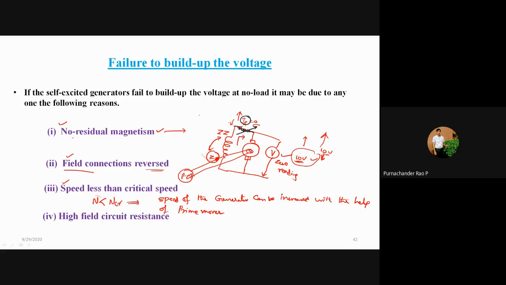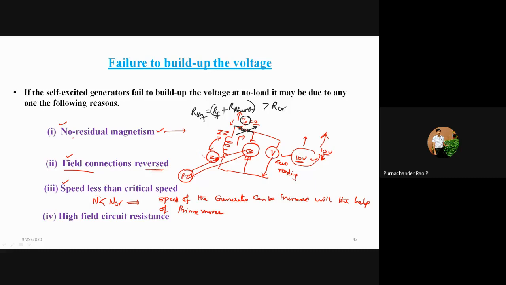So what is the R_SH now? R_SH is equal to your normal R_F plus R_ST total, the field rheostat resistance. Your field winding resistance is added, and if it is greater than your critical field resistance, then also there is no buildup of the voltage.